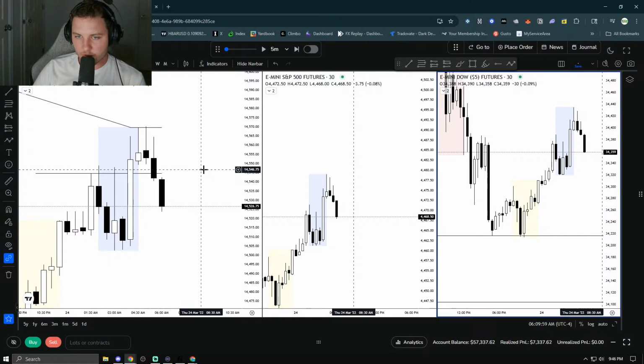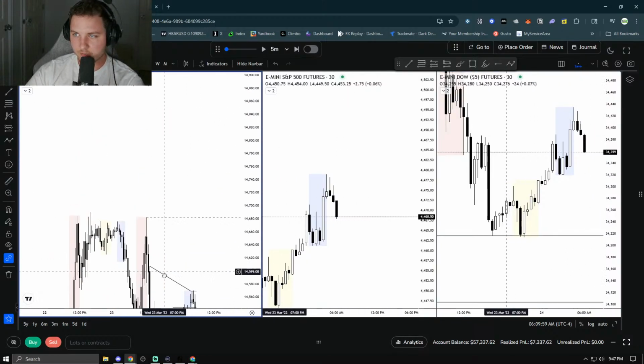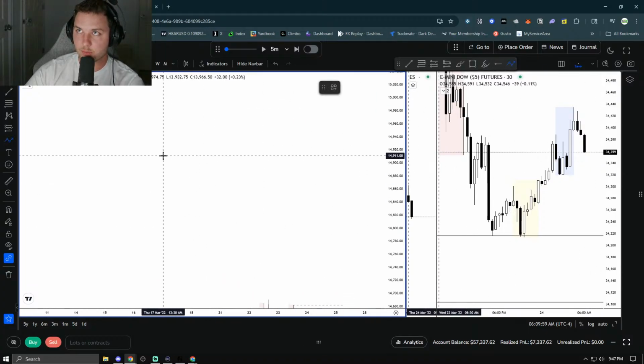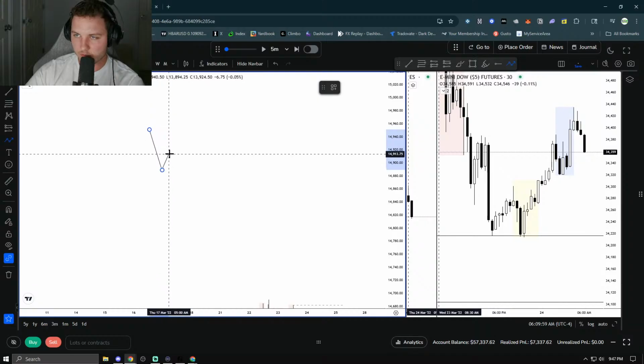If we're failing to take out this low with this SMT at the high, and we're displacing back higher, it's a fake SMT. Okay. We're going to resweep, creating another SMT to then displace. So let me draw a schematic.